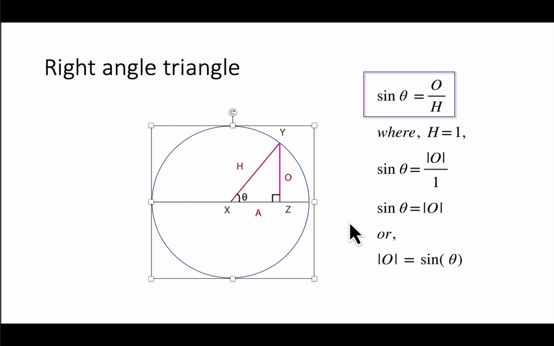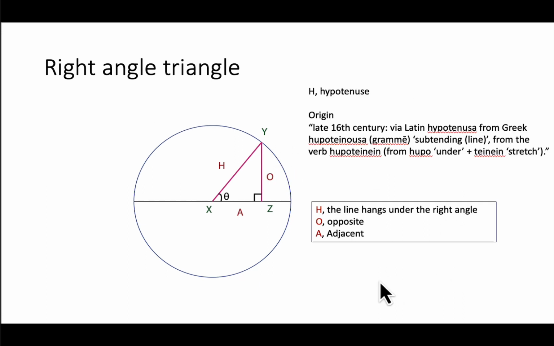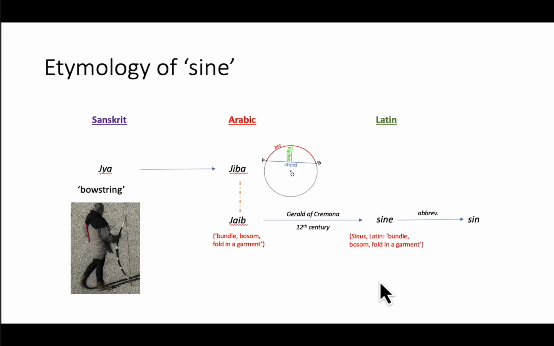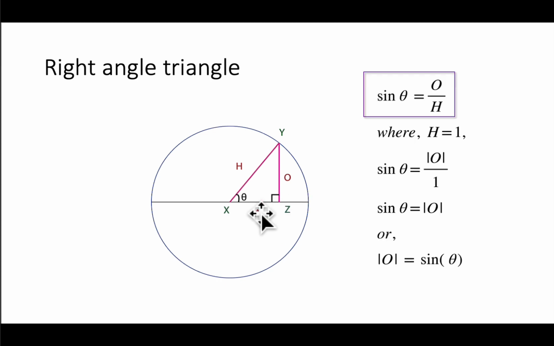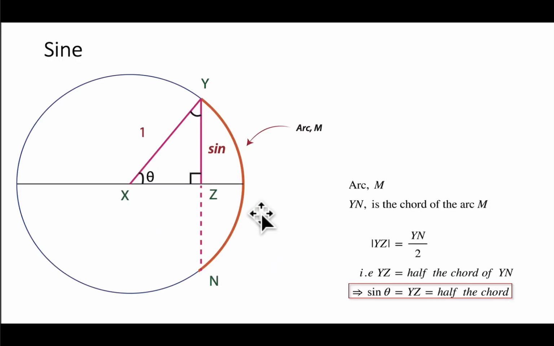And you might ask, so how can I memorize that? But if you go back to that original slide where I mentioned that the word sine comes from the concept of chord, and sine is basically half a chord, which we will see hopefully in the next slide.